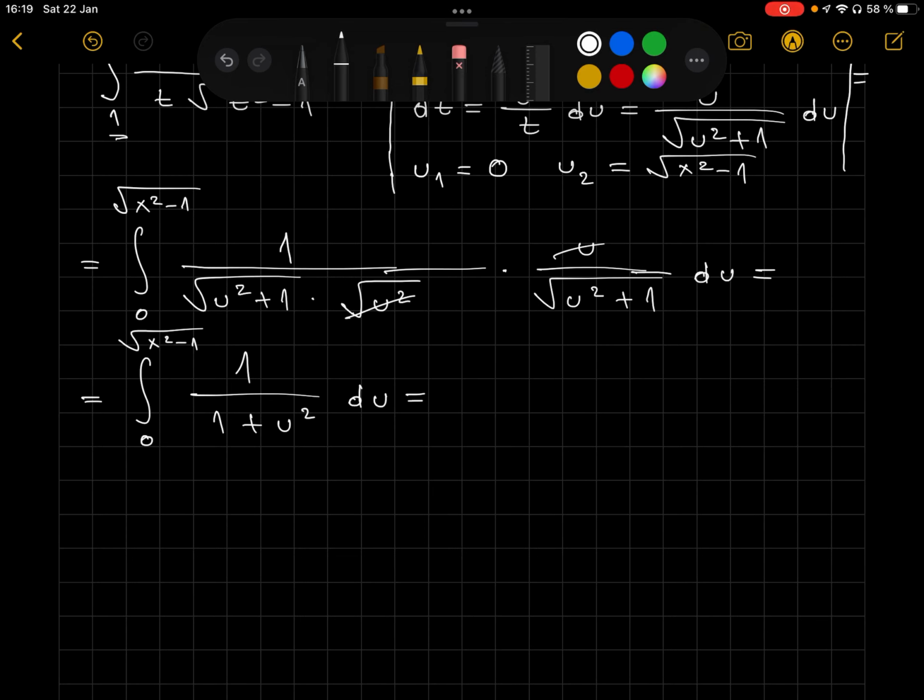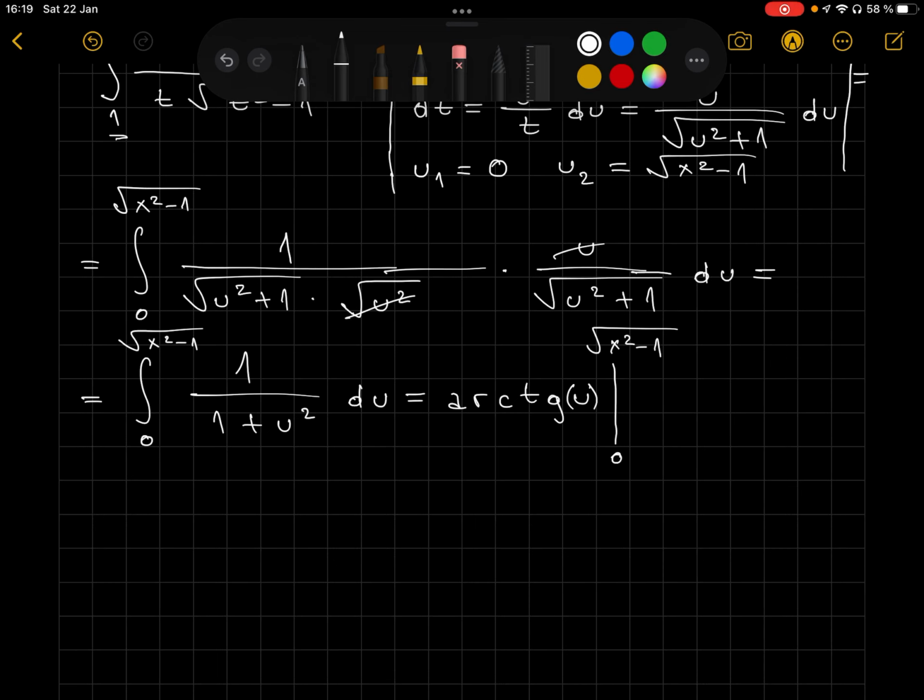And of course, this is equal to the inverse tangent or arctangent of u between the limits of 0 and the square root of x squared minus 1.